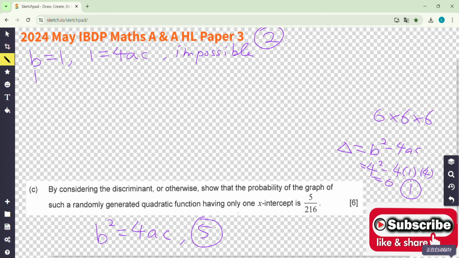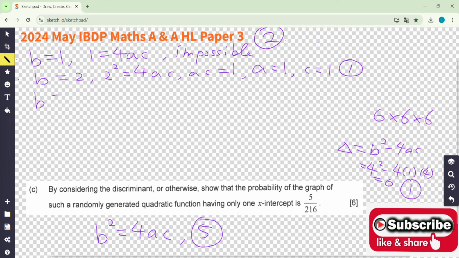How about b equals 2? 2 squared equals 4ac, so ac equals 1. What are the possible cases? Just one case: a equals 1, c equals 1. So one case. So continue our journey.